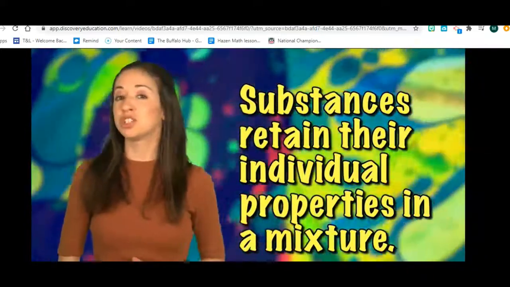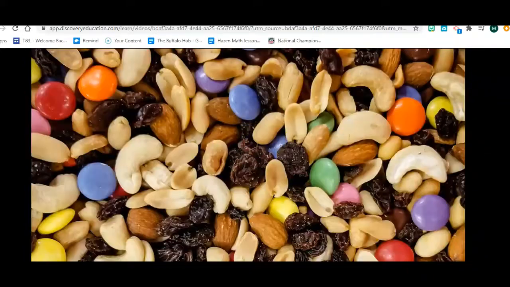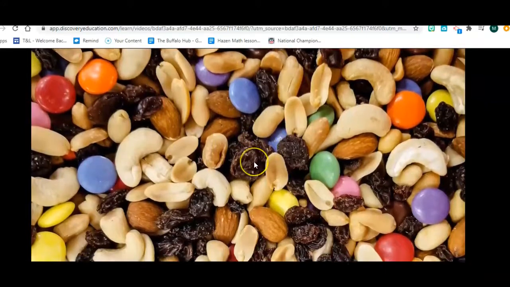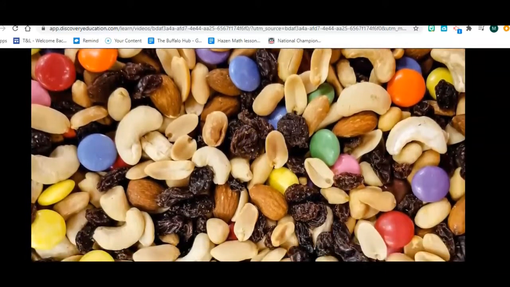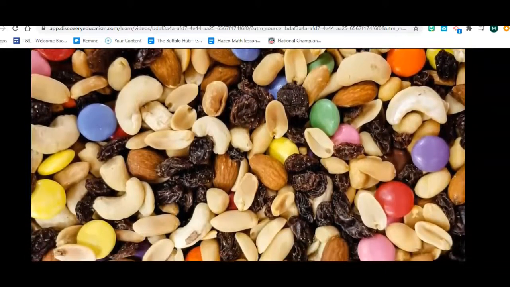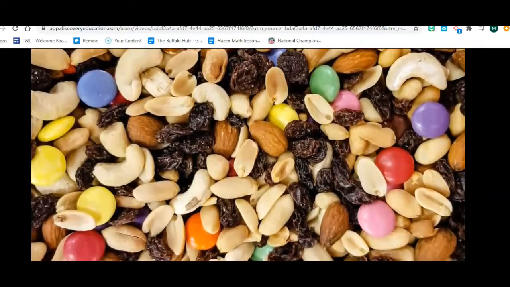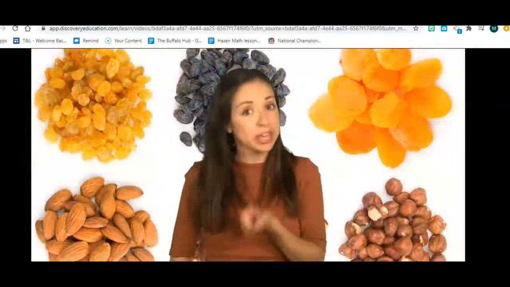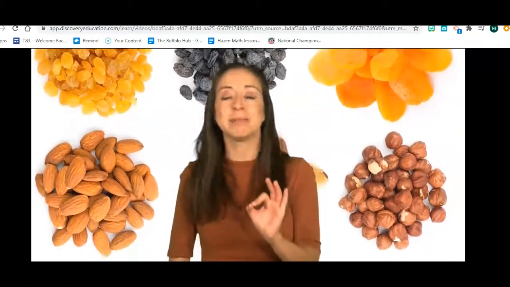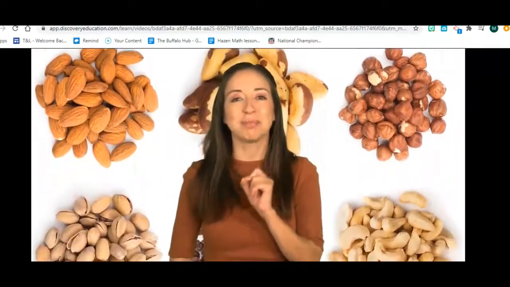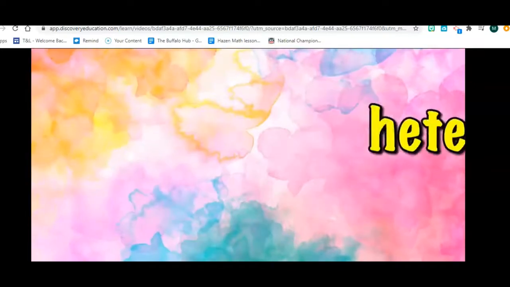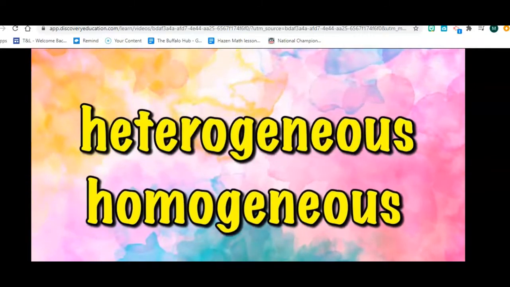Here's an example of a mixture that might be familiar to you: trail mix. I just love all of the tasty ingredients: peanuts, pretzels, raisins, chocolate pieces. Although they are all combined to make trail mix, each ingredient maintains its unique properties as part of the mixture. Mixtures come in two types: heterogeneous and homogeneous.